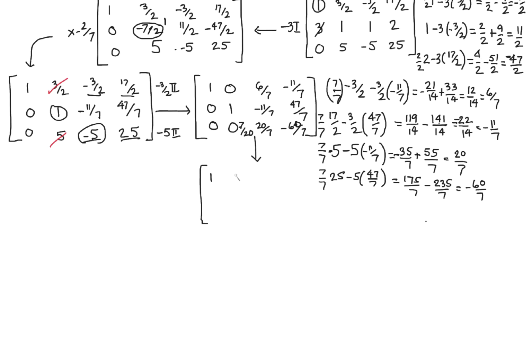We've got 1, 0, 6 over 7, minus 11 over 7. We've got 0, 1, minus 11 over 7. We've got 47 over 7. Right?